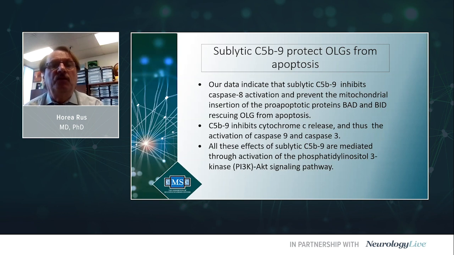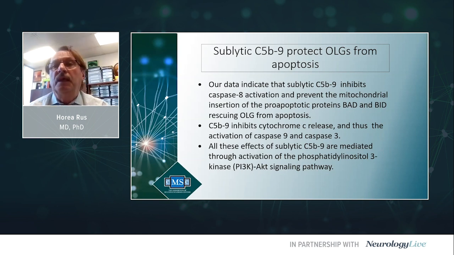In addition, sublytic C5b29 inhibits cytochrome C release and activation of caspase 9 and caspase 3. All these effects of sublytic C5b29 are mediated by the activation of the phosphatidylinositol 3 kinase, or PI3 kinase, AKT signaling pathway.